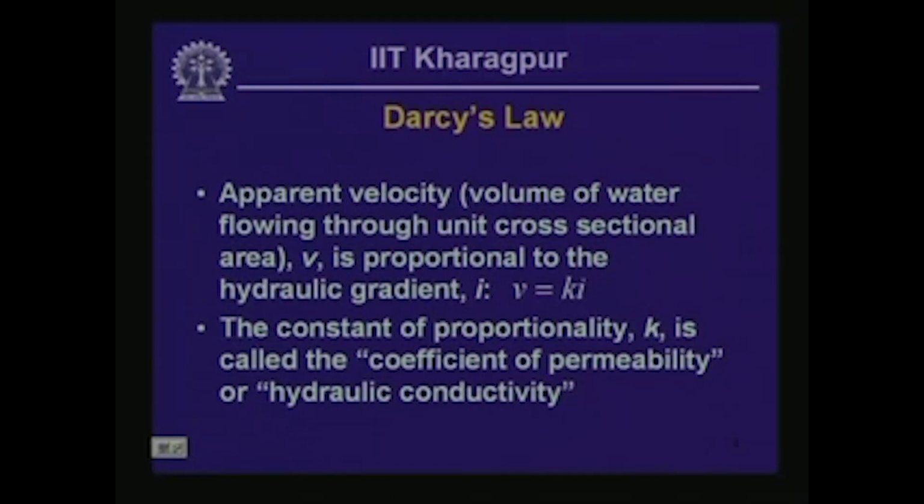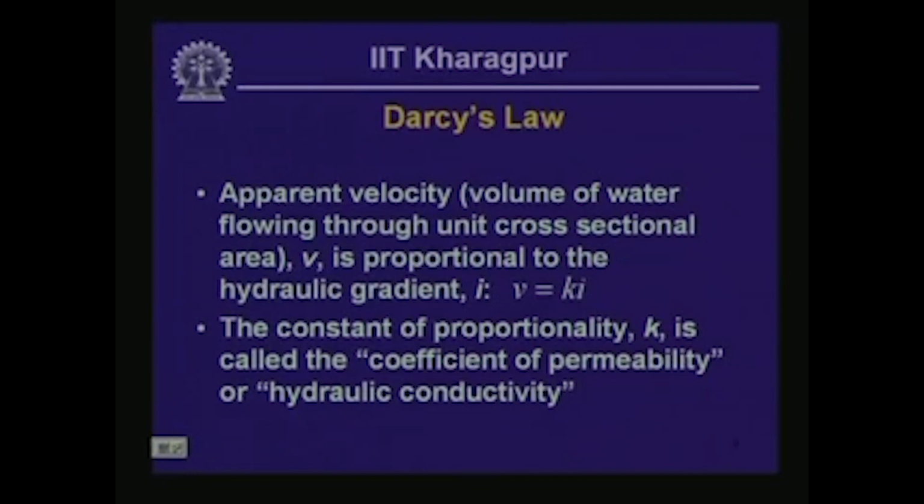Now we need to formalize the concept a little bit. Darcy's law is the law that governs groundwater flow, and what it states really is that apparent velocity V is proportional to the hydraulic gradient.